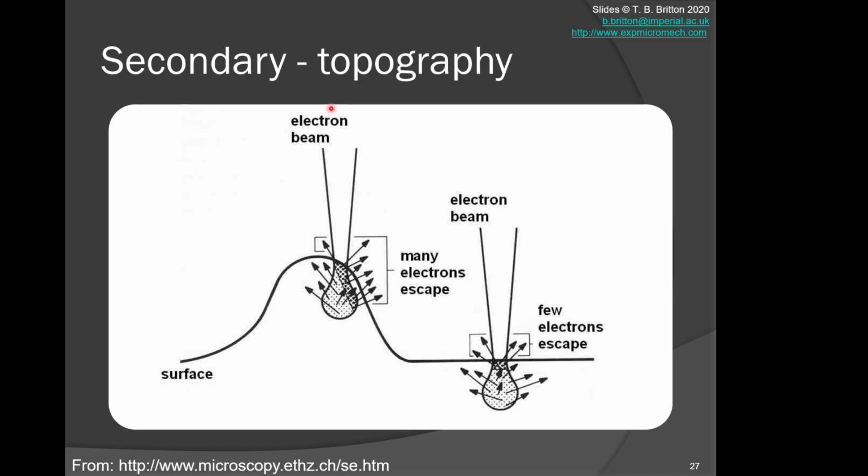Now, the creation of secondary electrons is related to how well those secondary electrons can escape the surface, and now you can see why it's strongly topographically dependent. If your ETD is located up here, for instance, you will get a significant bright emission of electrons from this location, because there are lots of electrons that can scatter and easily get towards your detector.